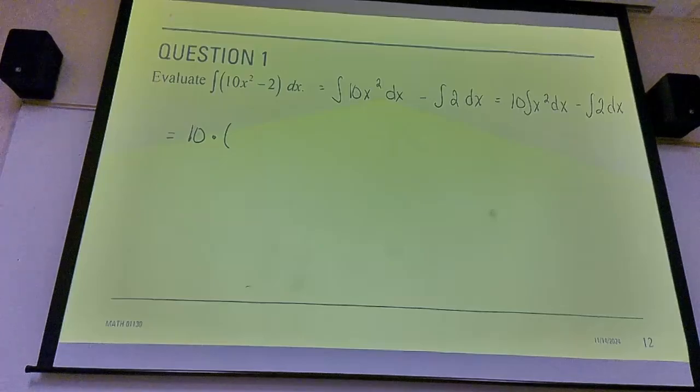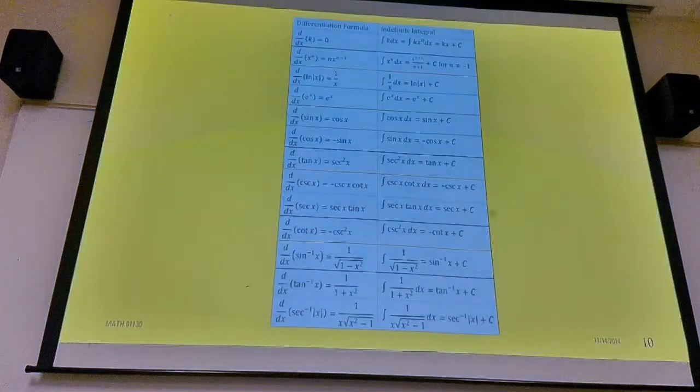Now the antiderivative of x squared. This is the power rule for integration.